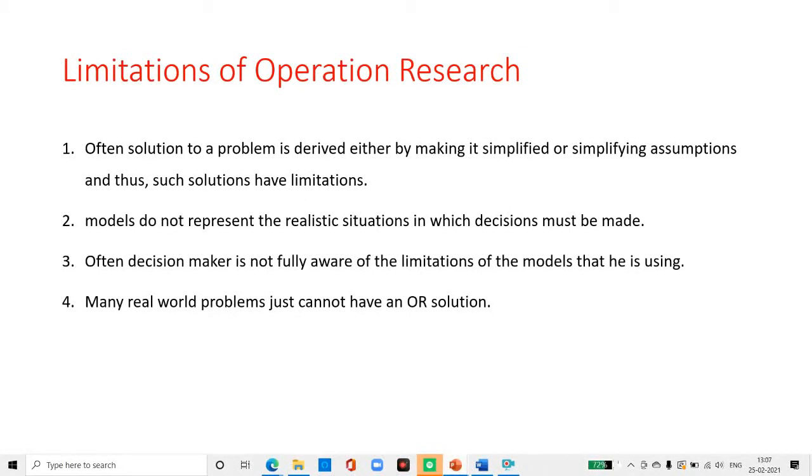The third limitation is that often the decision maker is not fully aware of the limitations of the models he is using. The last limitation is that many real-world problems just cannot have any operational research solution.